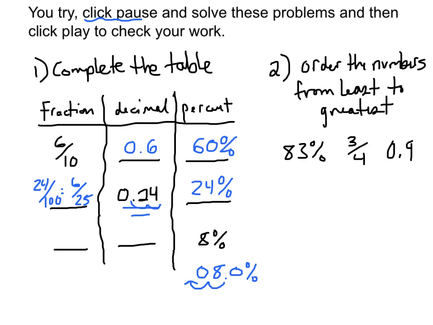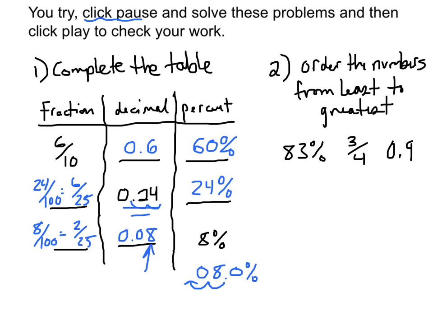The decimal is now in front of the 0, so 8% is 0.08. Kind of a tricky one. If I were to write 0.08 as a fraction, the 8 is in the hundredths place, so it would be 8/100, and both of those are divisible by 4, so I can reduce that to 2/25.